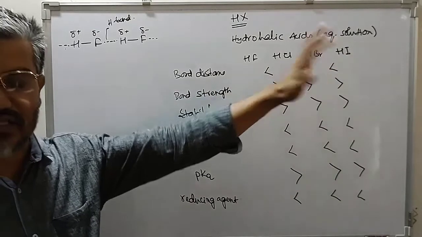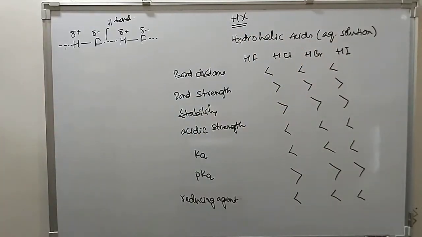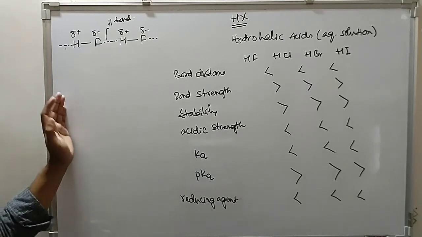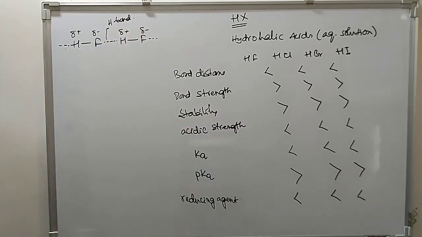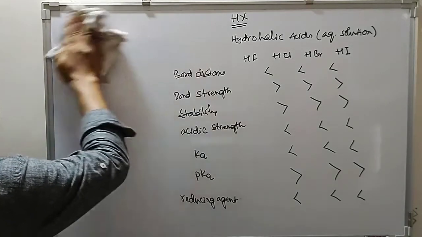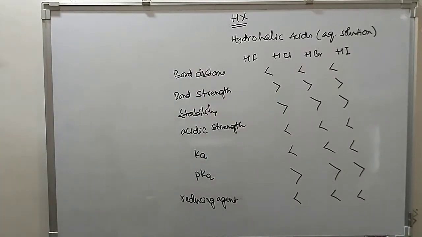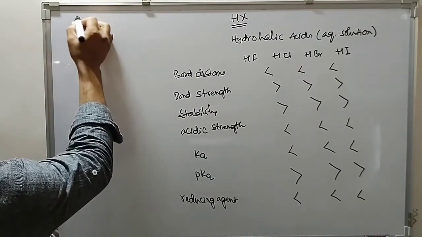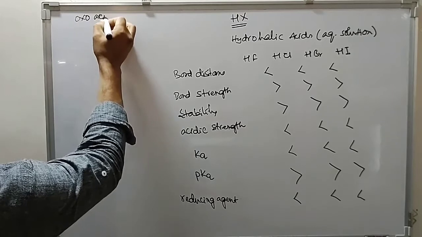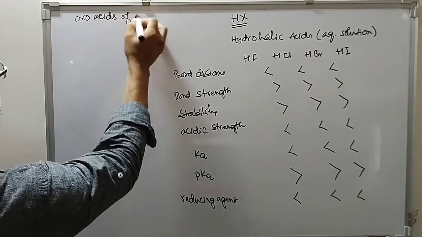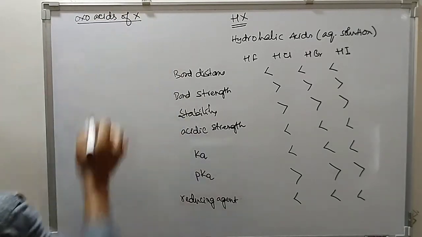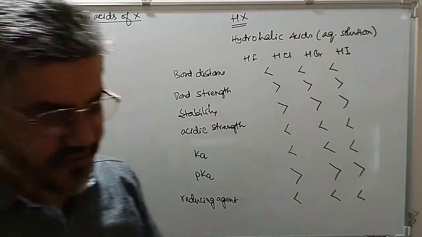Now after this, let's go to oxoacids of halogens. Halogens form different types of oxoacids.